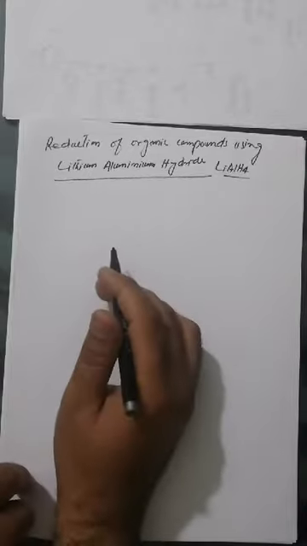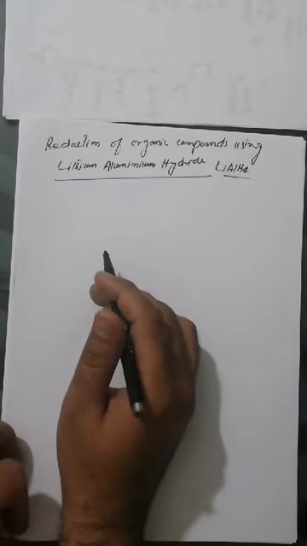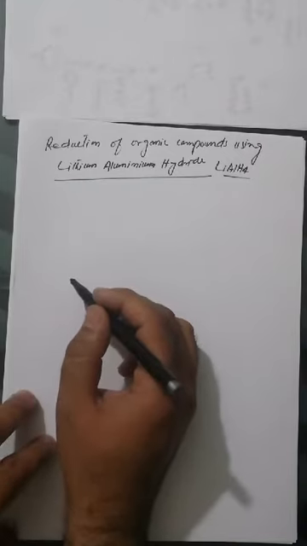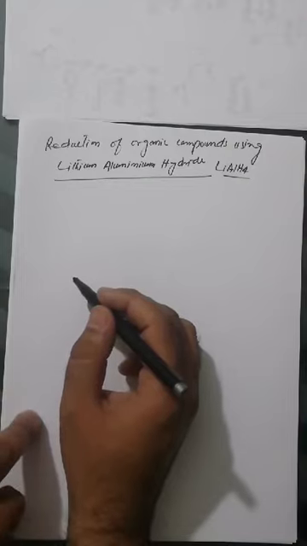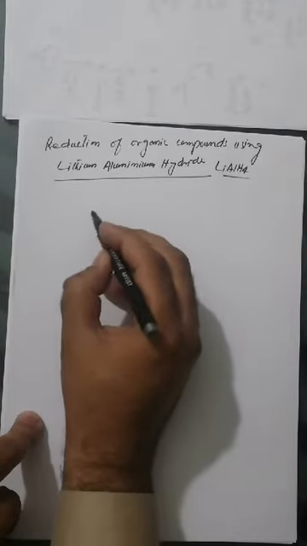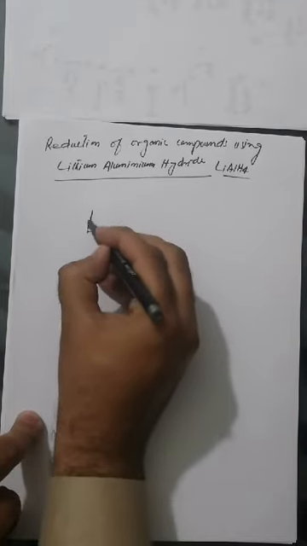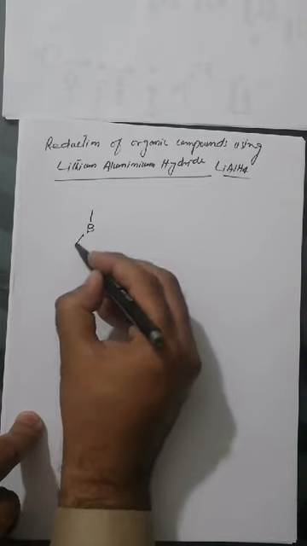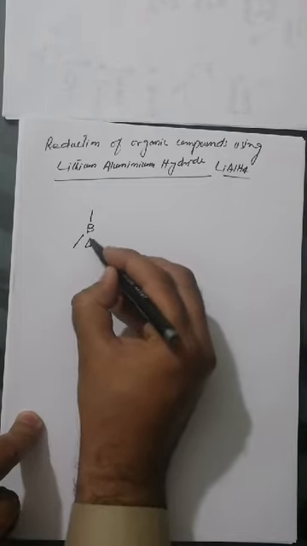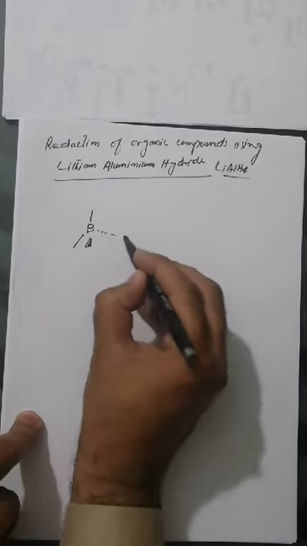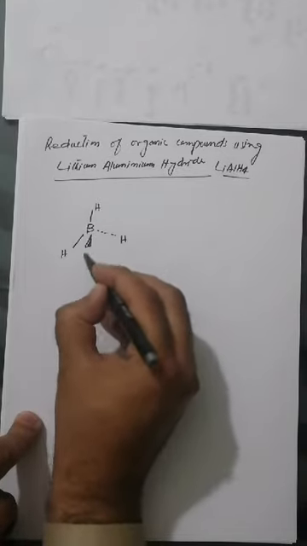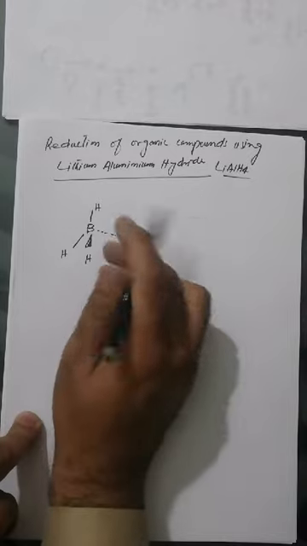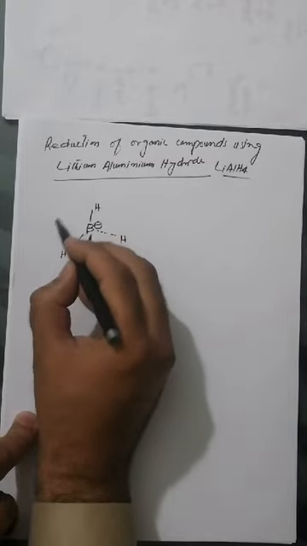Today we shall talk about reduction of organic compounds using another very important reducing agent, that is lithium aluminum hydride. Students, last time we were discussing sodium borohydride, its application as a reducing agent, and we learned its structure, that it has a tetrahedral structure and it is a hydride ion donor.